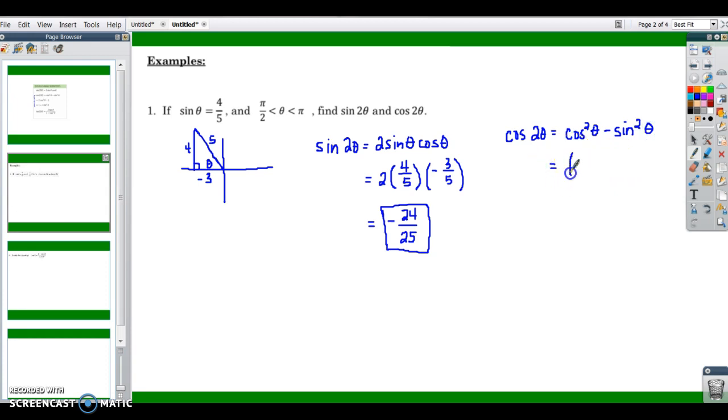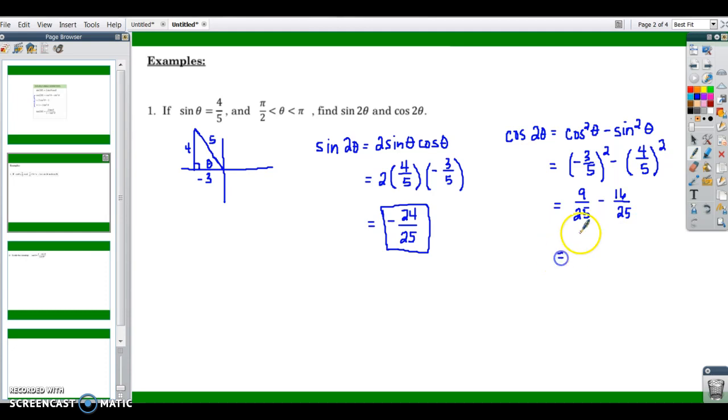And cosine of theta is -3/5. I'm going to square that minus the sine of theta, which is 4/5, and I'm going to square that. So -3/5 squared is going to be 9/25, minus 4/5 squared is going to be 16/25.